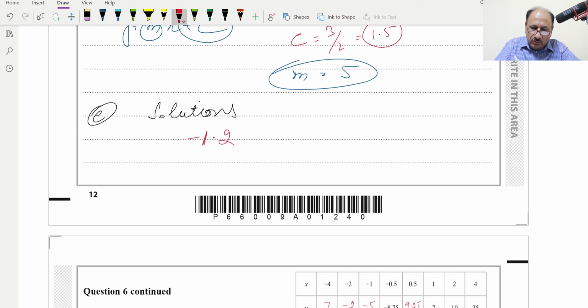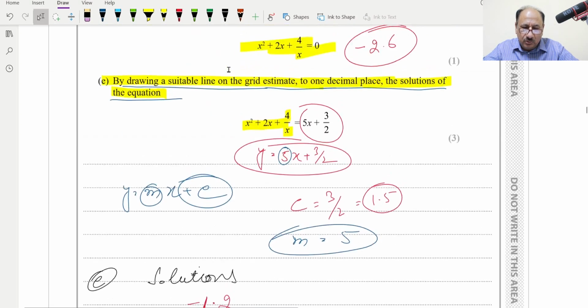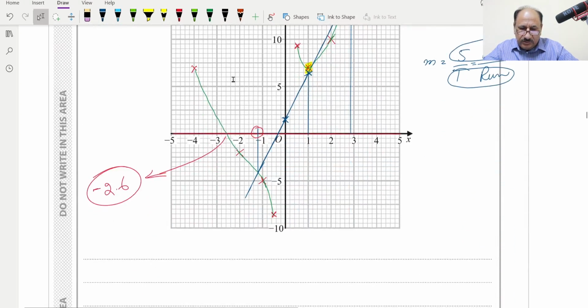This will be the first solution, and the second solution we can check from here. This is basically plus 1, and this is the third solution, which is 3. So we can write this one. It's not exactly 3, it is a little lesser than 3, so we can write 2.8.